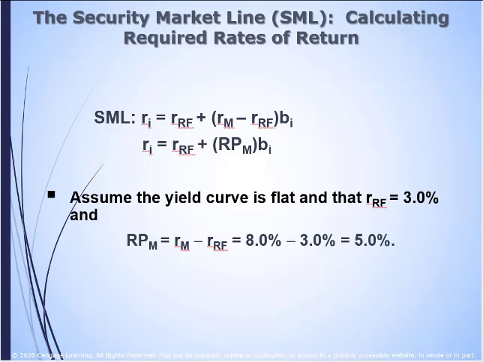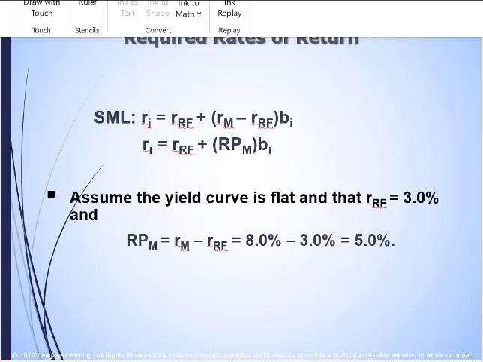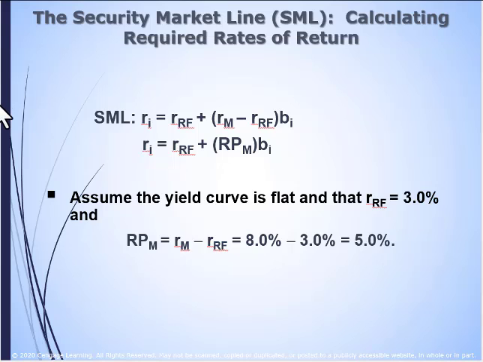But we want to calculate what you want to receive. The security market line looks at your required return. It measures your required returns. So here's our formula: it's the risk-free rate plus the risk premium times beta. In our formula, we're assuming a flat yield curve.